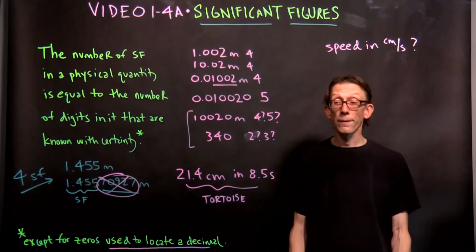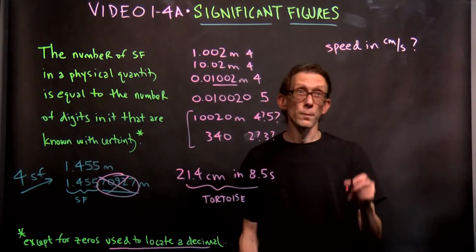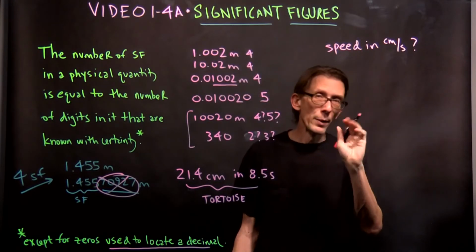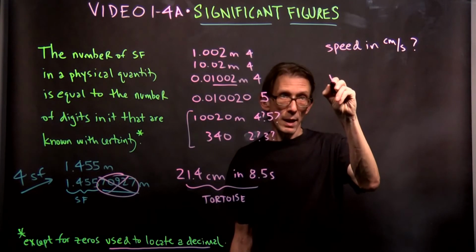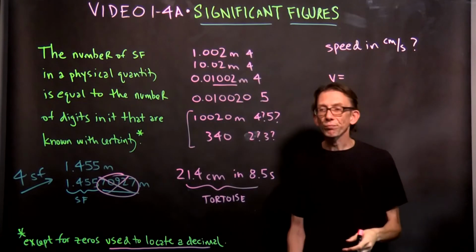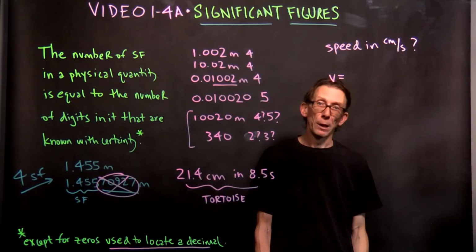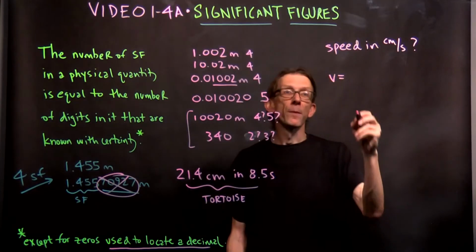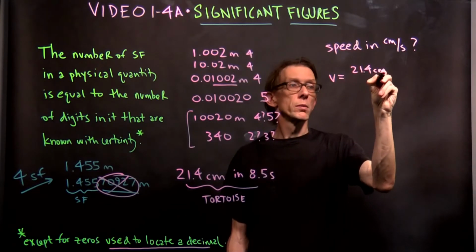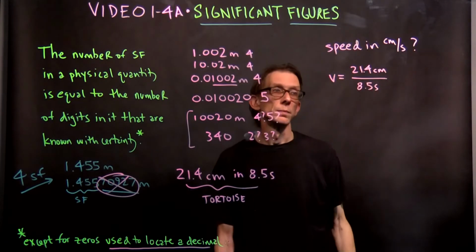If he went 21.4 centimeters in 8.5 seconds, the math is not hard. You just have to divide the 2. So the speed, which is indicated, we'll talk more about speed later on, is indicated by the lowercase v, velocity, speed, is equal to the distance divided by the time. So 21.4 centimeters divided by 8.5 seconds.